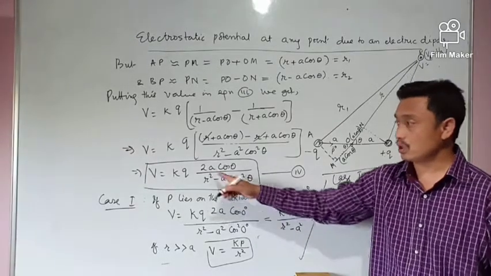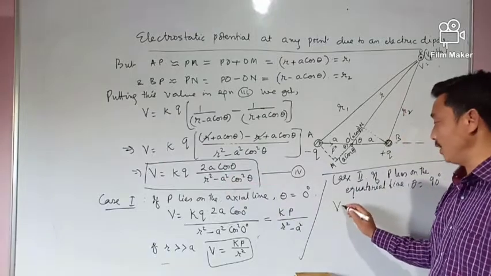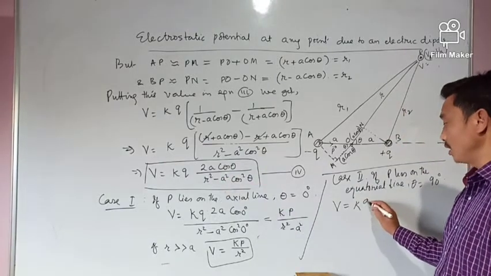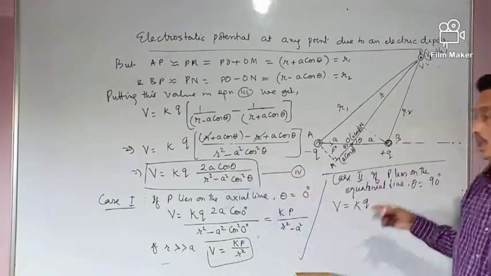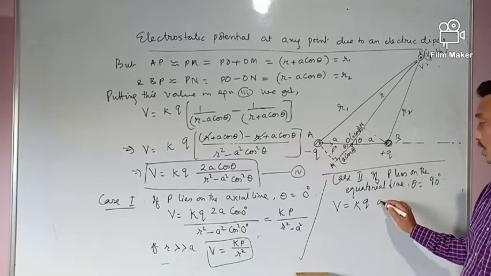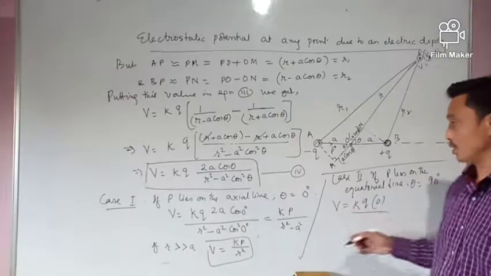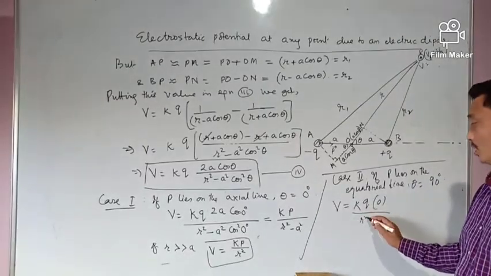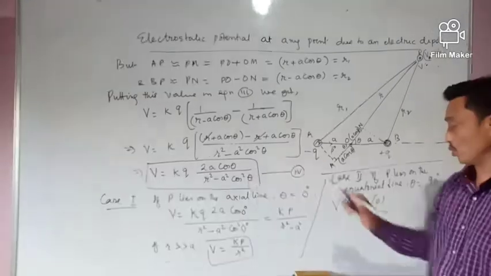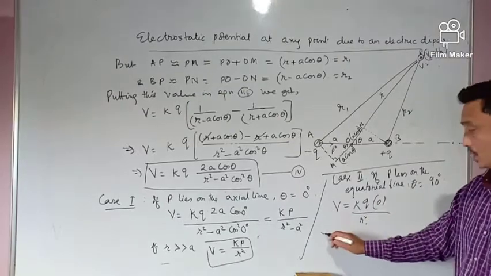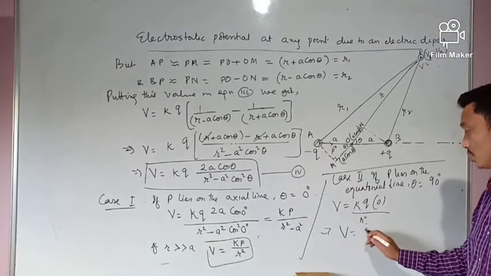So if I use theta equals 90 degree, then V is equal to K Q 2A cos theta, cos 90 degree is 0, divided by R square minus A square cos square 90 degree. So V equals 0.